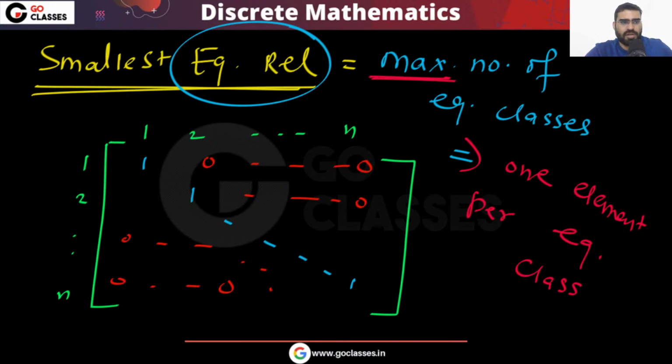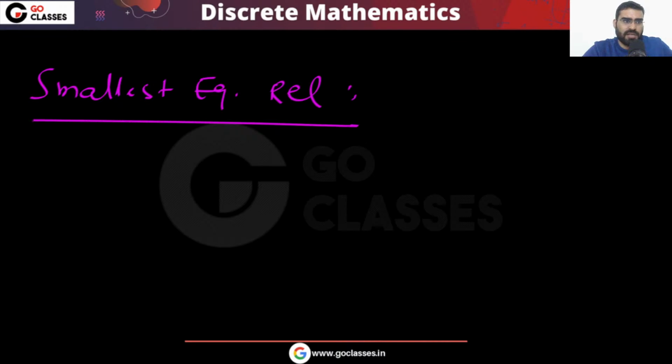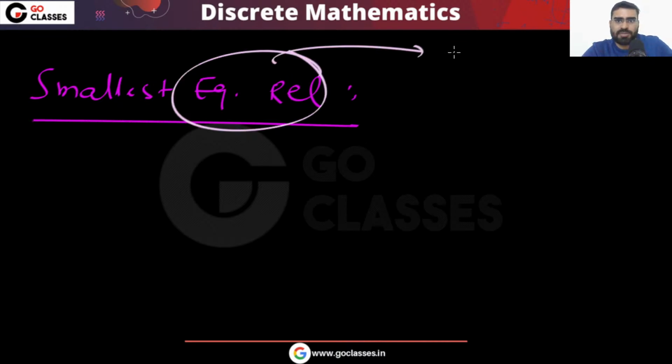So in one equivalence class, you have only one element. This is the smallest equivalence relation. It must be reflexive, symmetric and transitive.